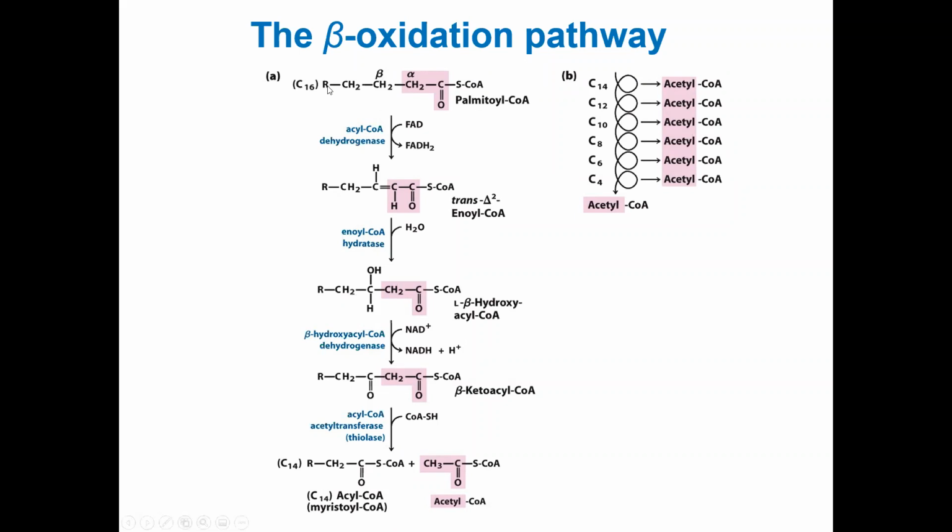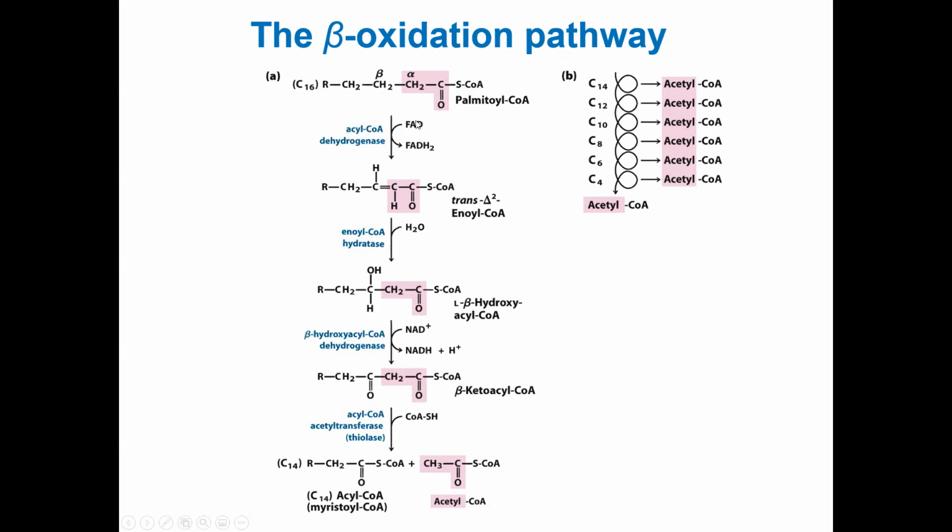If you take palmitoyl coenzyme A in the mitochondrial matrix, the first reaction that happens on this molecule is catalyzed by acyl-CoA dehydrogenase. Why do we call it acyl-CoA? It's a fatty acid, so you have the acyl group, RCO, and it is activated by coenzyme A. It turns out acyl-CoA dehydrogenase uses FAD as the coenzyme, not NAD.